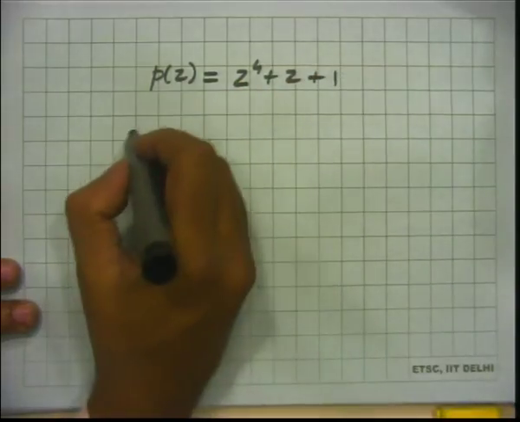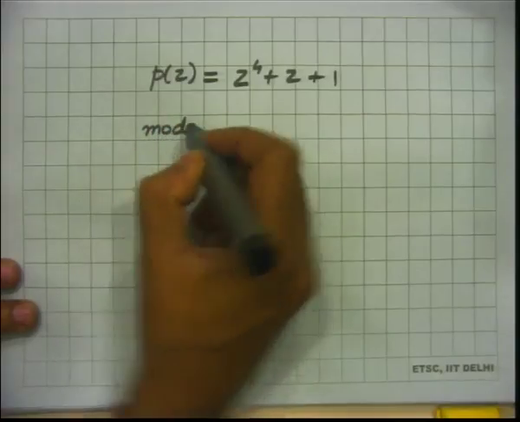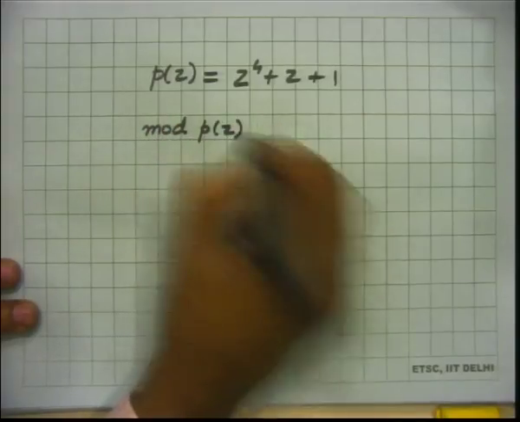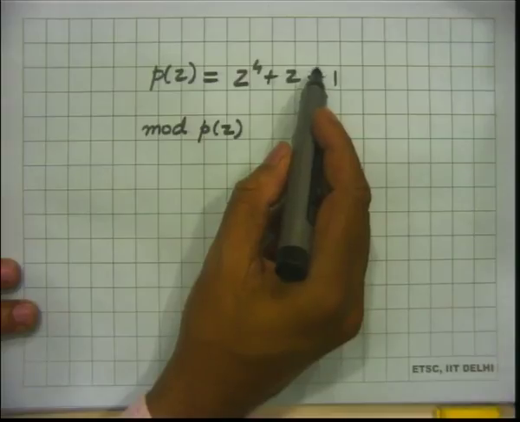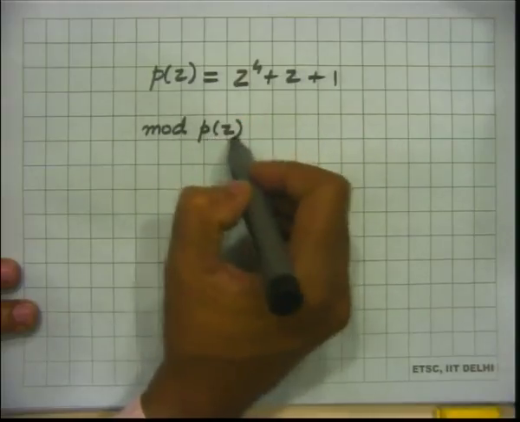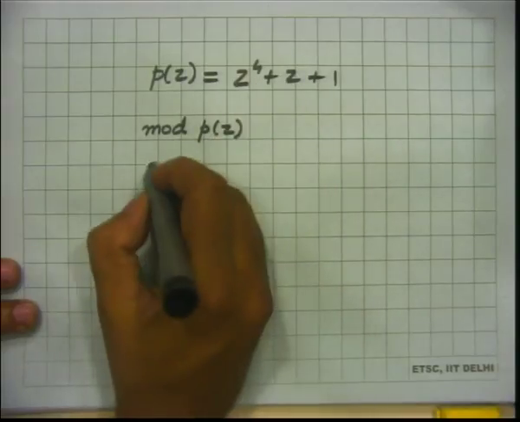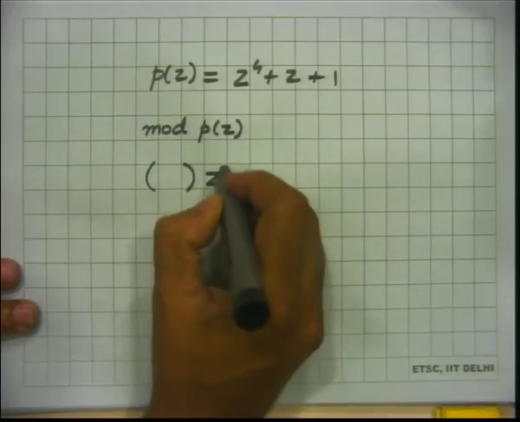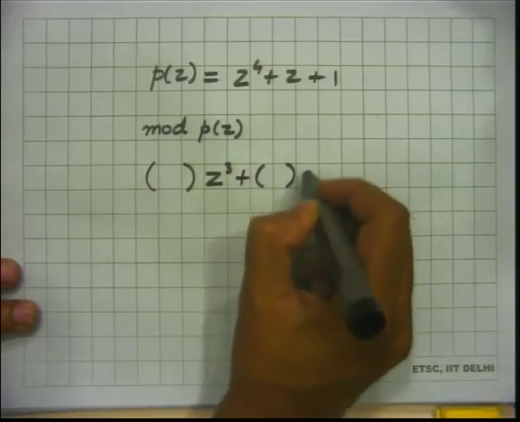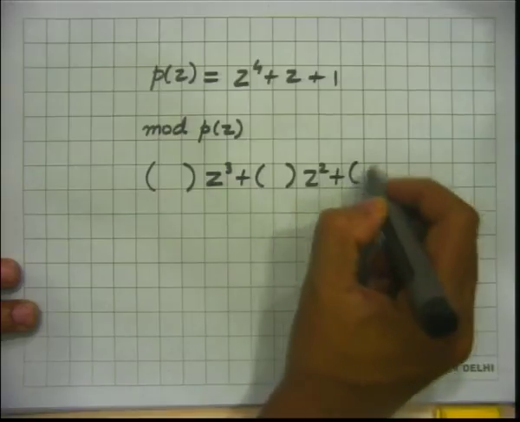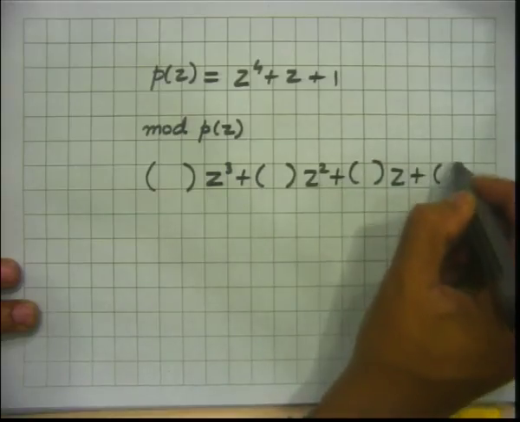Now, we will perform operation modulo p(z). So, all the polynomials, when we take modulo p(z), will have some coefficient z cubed plus some coefficient z squared plus some coefficient z plus a coefficient.